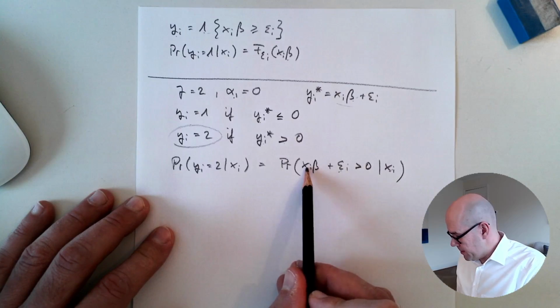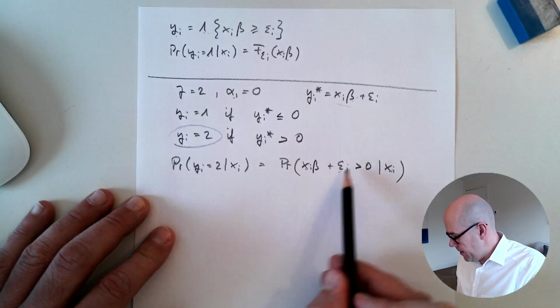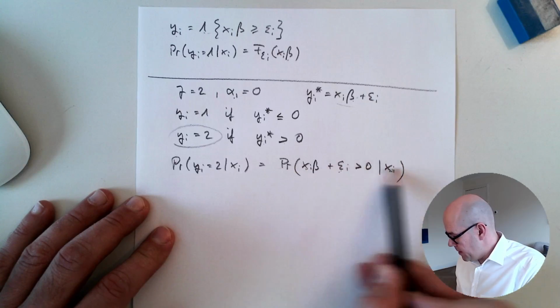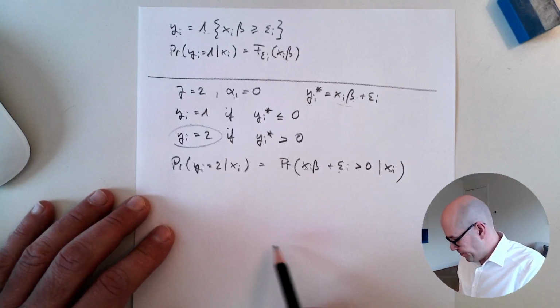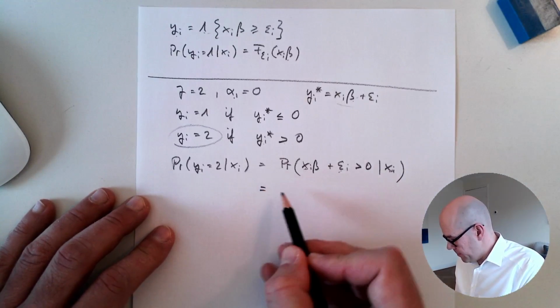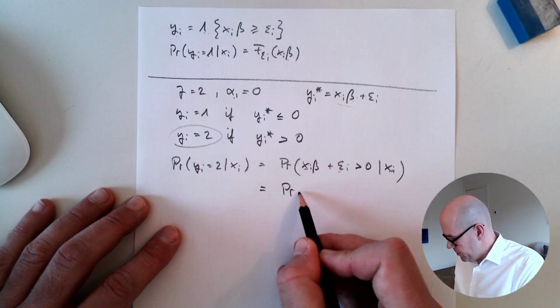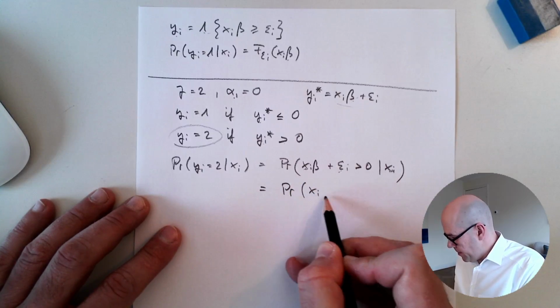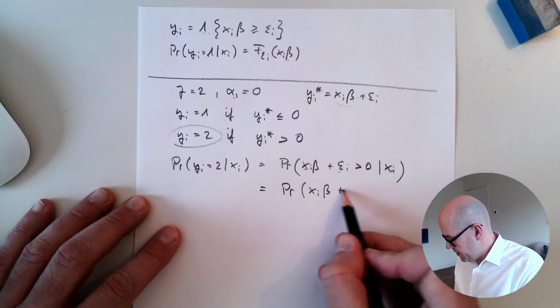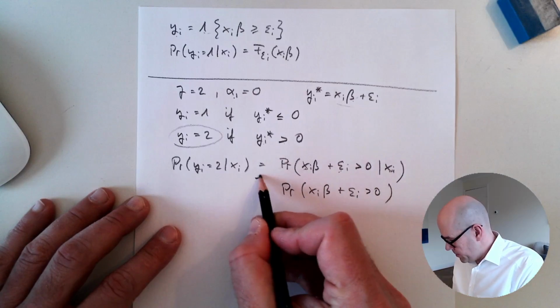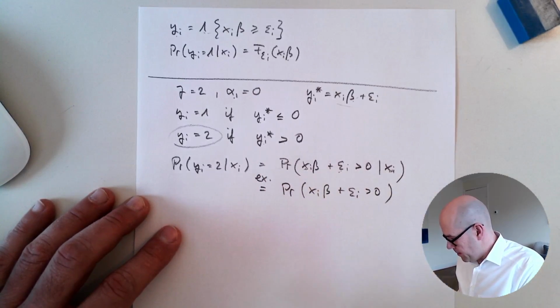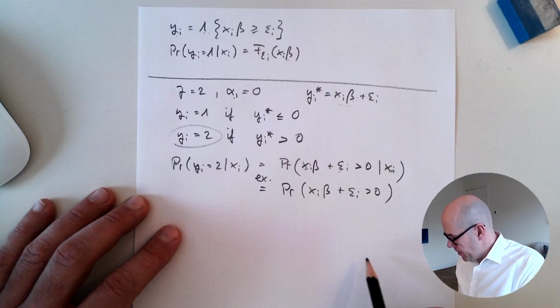So this xi is going to be this same xi here, and I can write this unconditionally because I'm basically putting the xi in here. Let me do that right away. So it's the probability xi beta plus epsilon I greater than 0. So this is the exogeneity of xi.